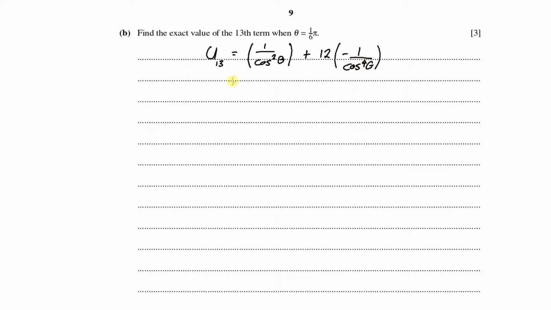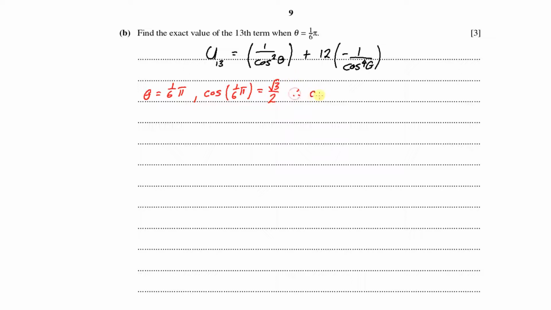So let's simplify this. But now we've been given that theta is equal to a sixth pi. And we know that when theta has a value of a sixth pi, then cos of a sixth pi gives us root 3 over 2.